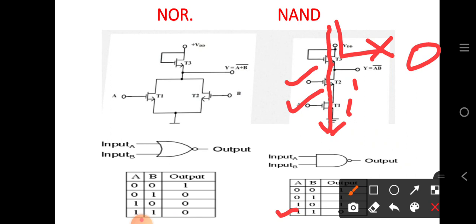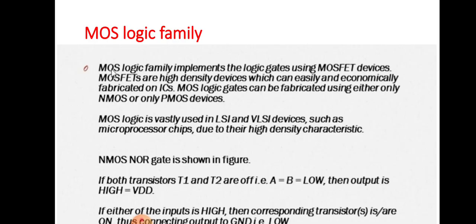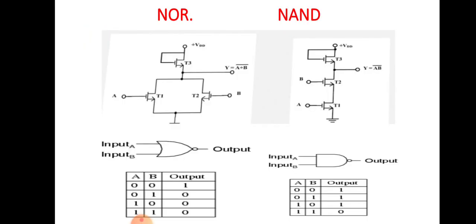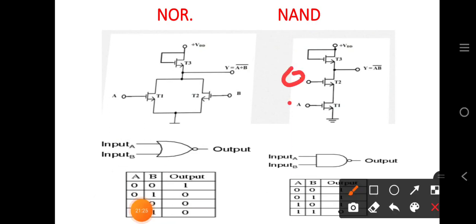And for the rest of the conditions, if this input is 0, this is 1, then the current will come up to this, and if it is in cutoff region, so the current will pass through this direction and the output will be 1.